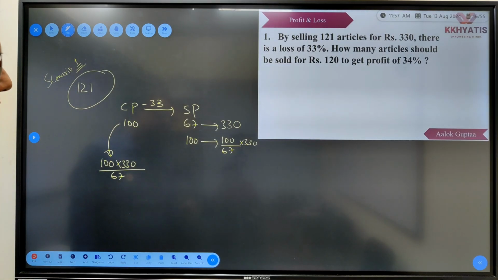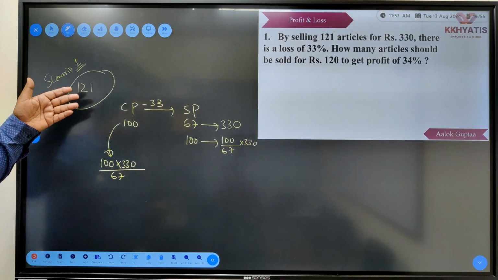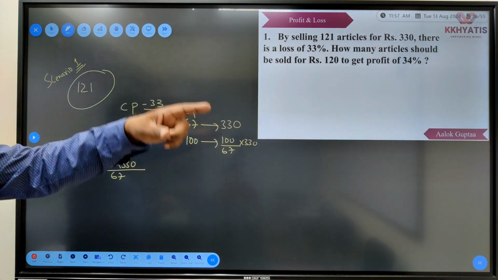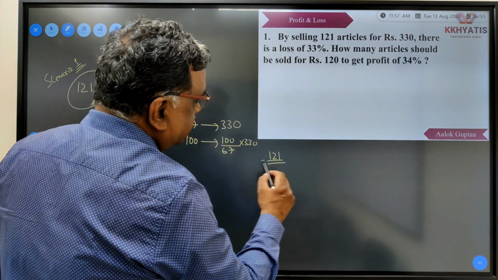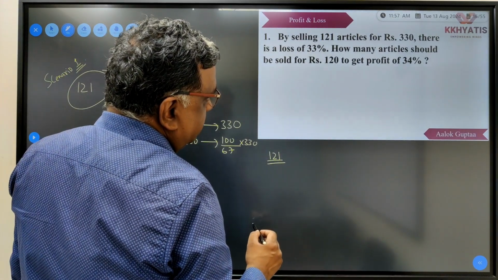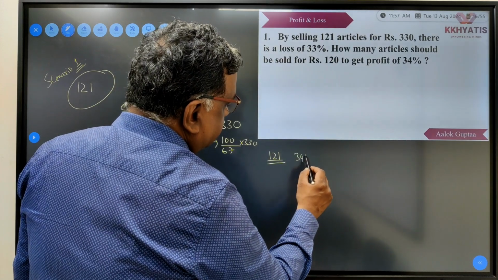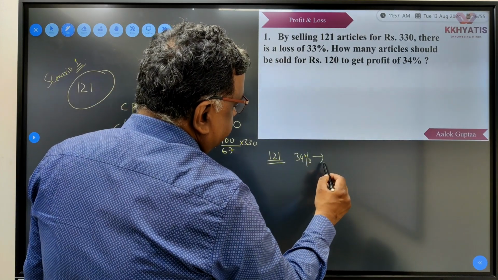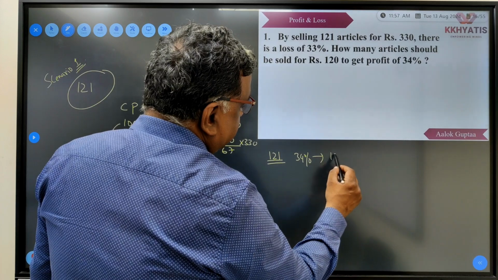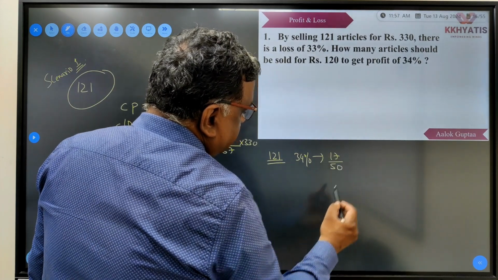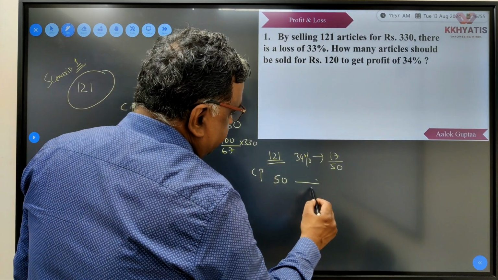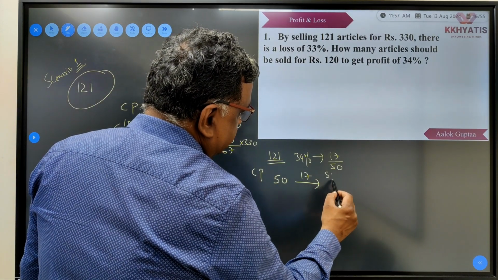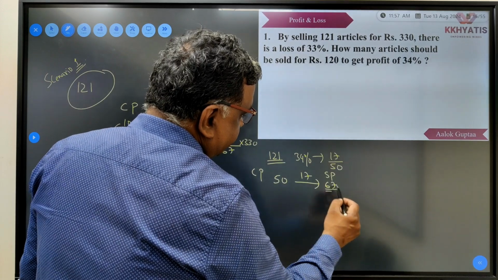Now, let us say I am selling these 121 articles at a profit of 34%. In terms of fraction, it will become 17 upon 50, which means if my CP is 50, my profit is 17 and my SP should be 67.